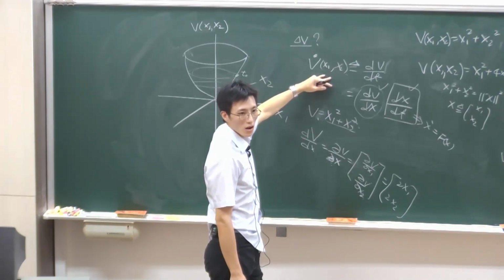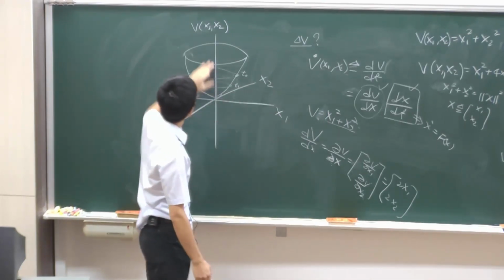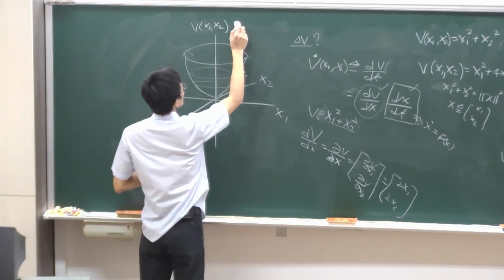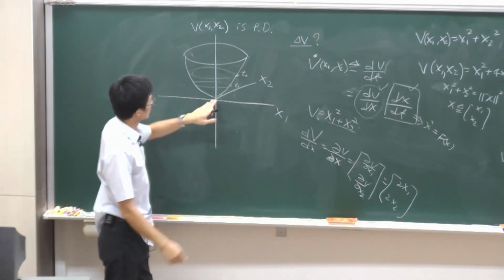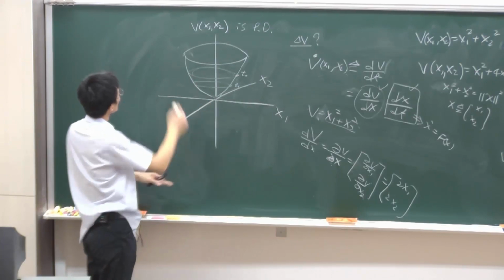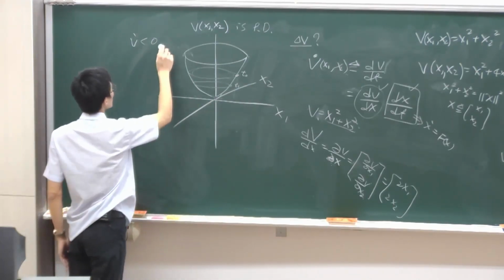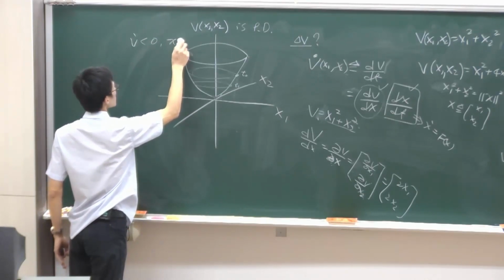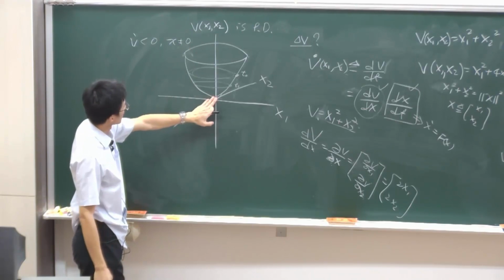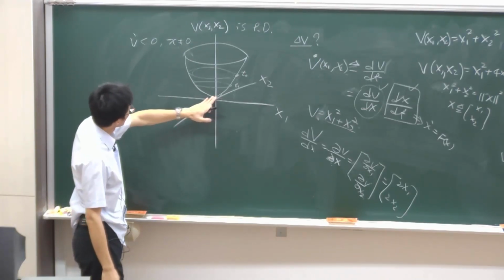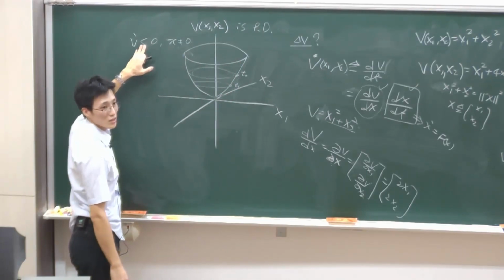Okay. And if the time derivative is negative, if V is PD, okay, positive definite, which says V is 0 only at 0, and if V dot is negative definite for x not equal to 0, that means anywhere other than 0, V always decreases.